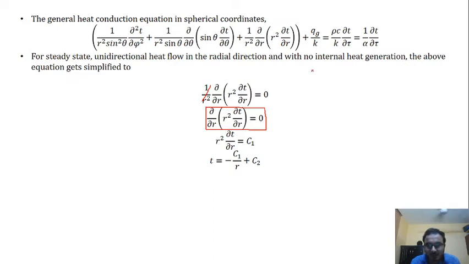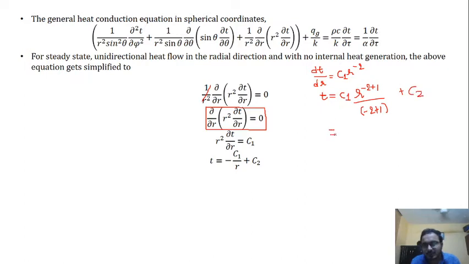So how it is arrived? So let us say we do it here, dT/dr is equal to c1 raised to r minus 2. So T is equal to c1 into r minus 2 plus 1 divided by minus 2 plus 1, plus c2.